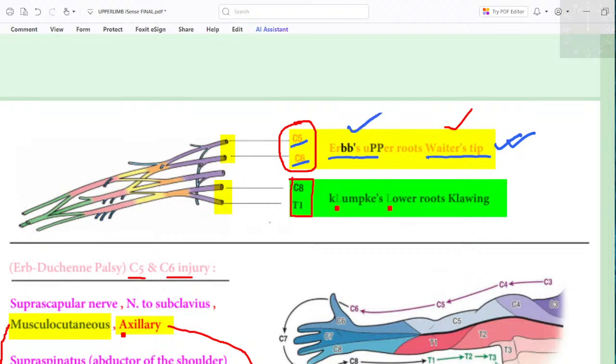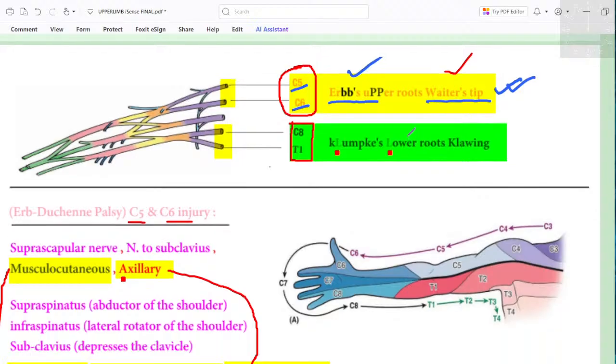Which deformity? Erb's palsy, with an adducted arm. Root value C5, C6.